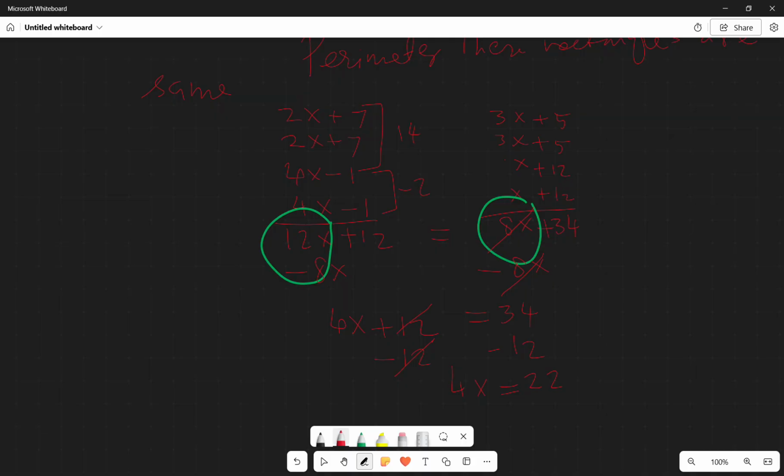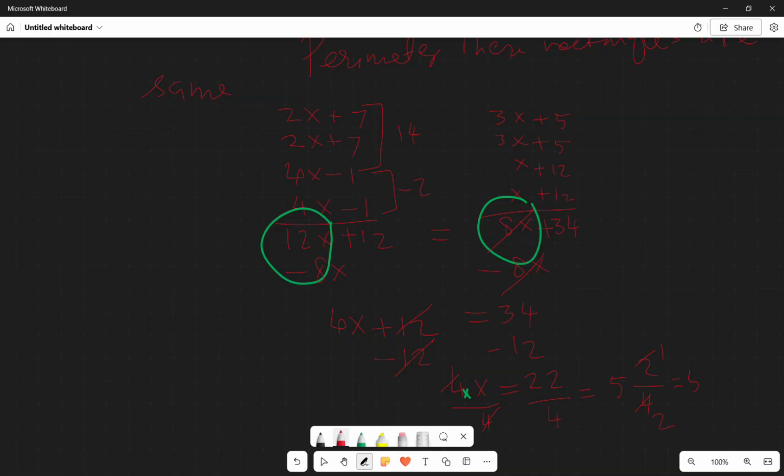Now 4 is multiplied by x, and the inverse of multiplication is division, so we divide both sides by 4. 4 times 5 is 20, and the remainder is 2, and 2 over 4 is cancelled to 1 over 2.